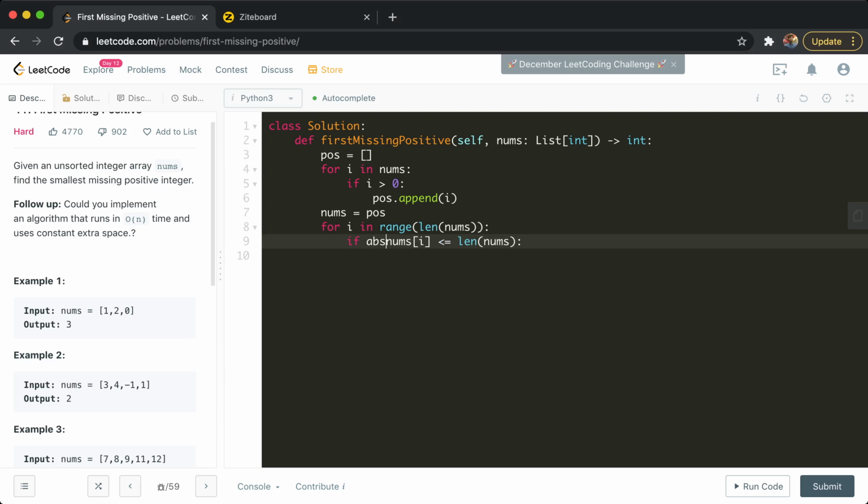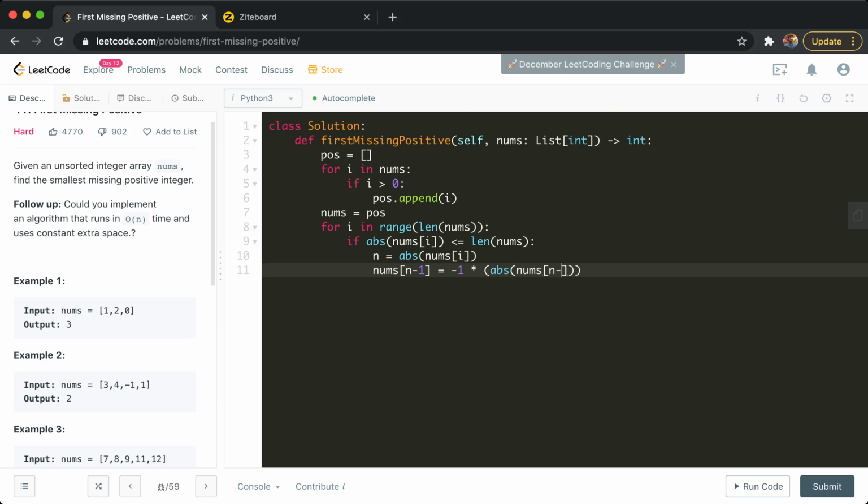So we'll use absolute because we are negating the elements in place. We'll take the number n as absolute of nums of I, and we are going to just simply negate that. So nums of n minus 1 is equals to minus 1 into absolute of nums of n minus 1.